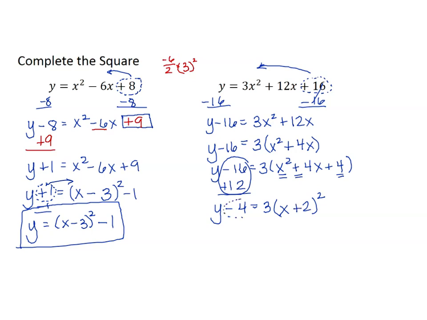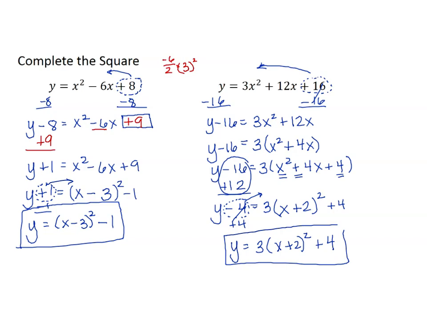And the last step is we want y alone, so we got to move this back over. To do that, we add 4 to both sides. So we end up with y equals 3, the quantity x plus 2 squared plus 4. And that's our general form.